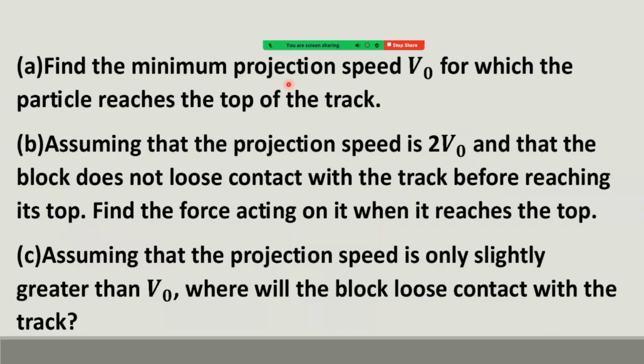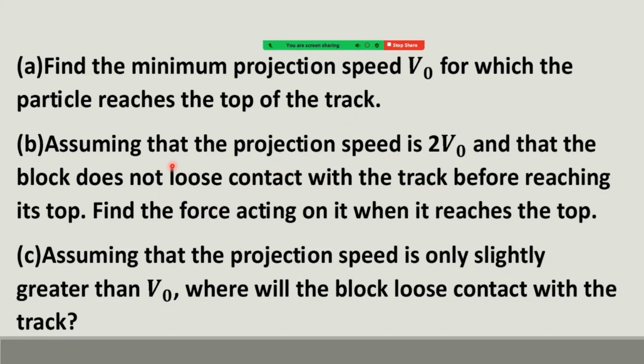Find the minimum projection speed v0 for which the particle reaches the top of the track. Next, assuming that the projection speed is 2 v0 and that the block does not lose contact with the track before reaching its top, find the force acting on it when it reaches the top.